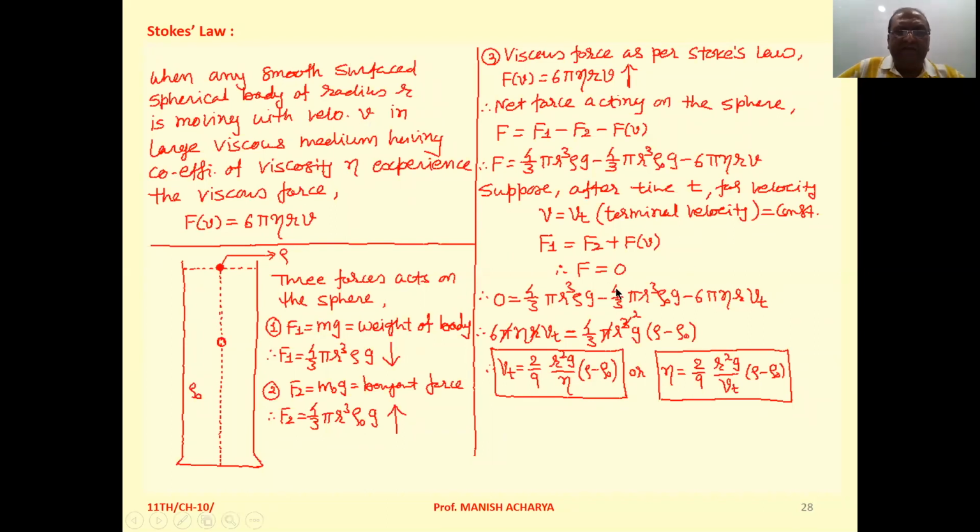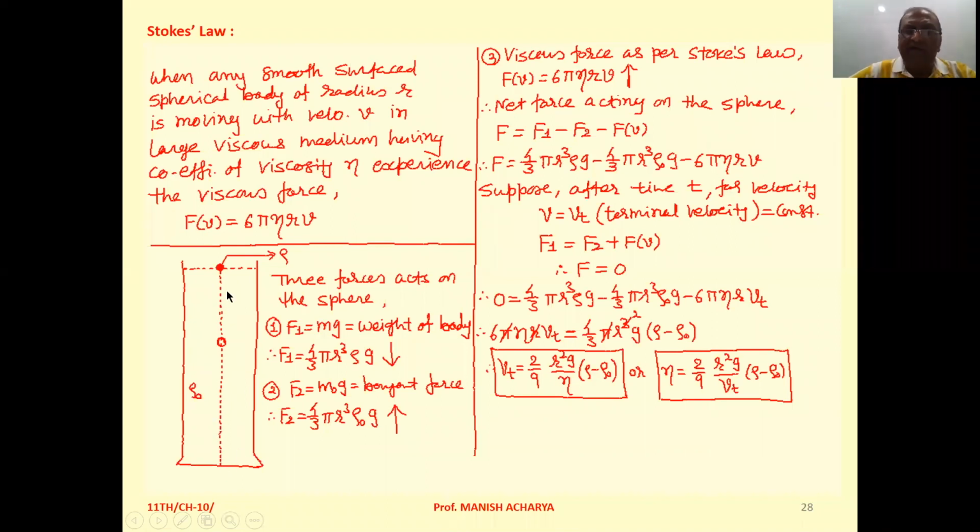As shown in this particular figure, we consider a large viscous medium. Now, in this one, suppose a smooth surfaced spherical body is moving like this.